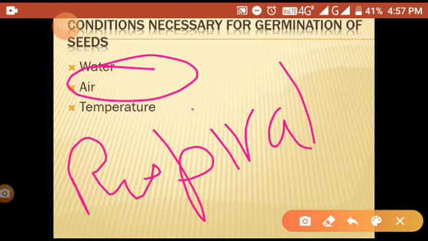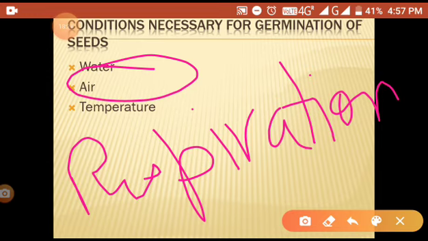The seeds take oxygen and convert this oxygen into carbon dioxide. It means they exhale carbon dioxide like we do, and by this process they convert their food, which is already present in the embryo, into energy.